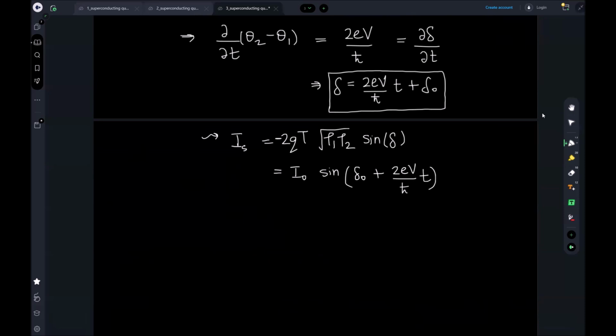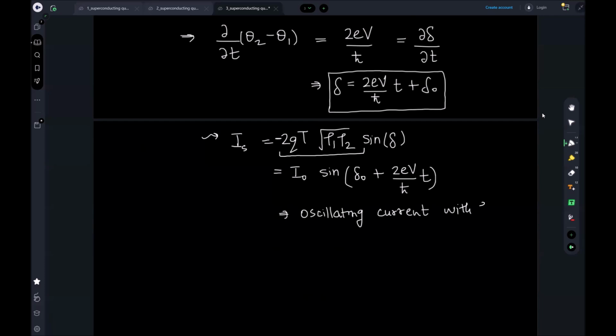And notice that I'm calling this entire constant that lies outside the sine, I'm going to call it I naught for brevity. And what this expression suggests is that the current now is an oscillating current.